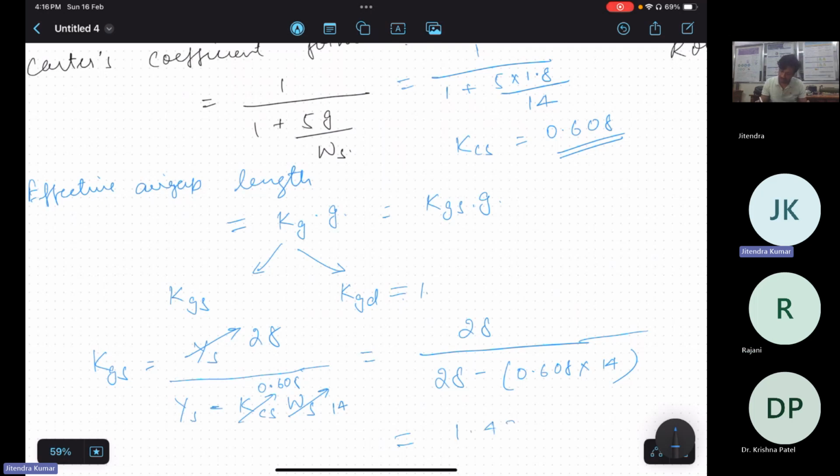1.4375. Definitely it will be higher than 1, right? So the effective air gap will be higher than the actual air gap.